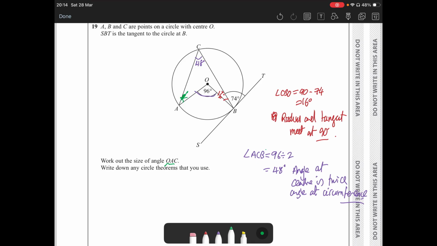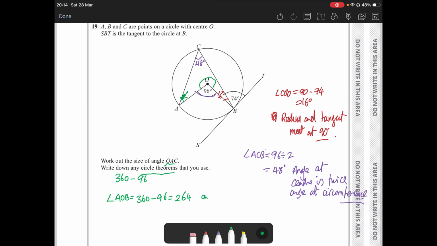Now, don't feel like you have to use circle theorems here. You are allowed to use legitimate reasons. I know it says only circle theorems, but write all reasons anyway. There's no harm in saying angles at a point. So we'll say that the angle AOB is going to be 360 take away 96, which will be 264.